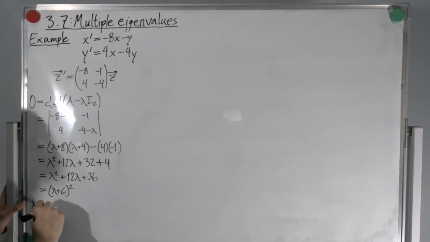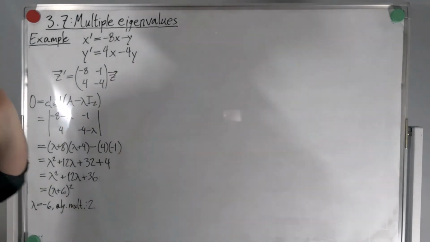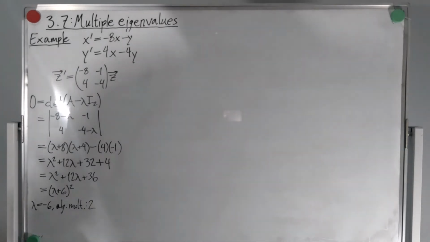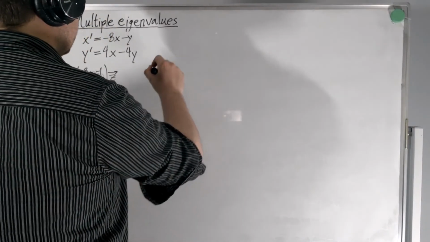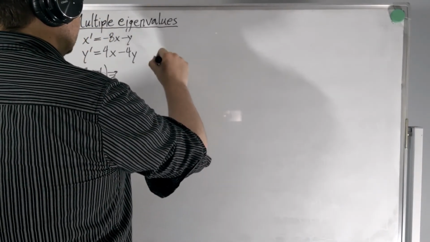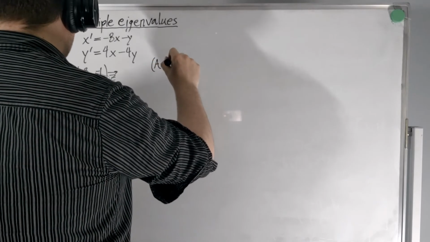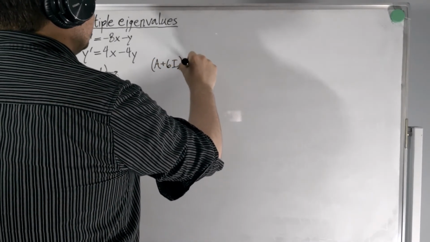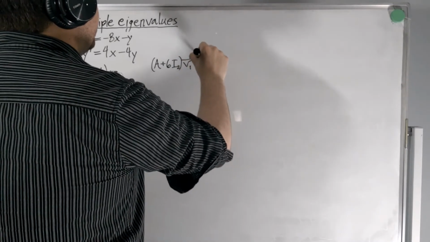And so lambda equals negative 6 with an algebraic multiplicity of 2. Right, so now let's inspect the eigenvectors.